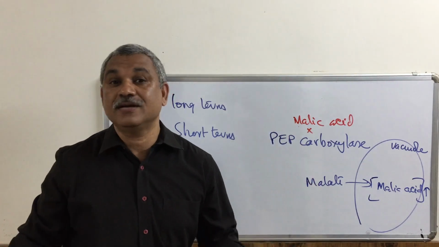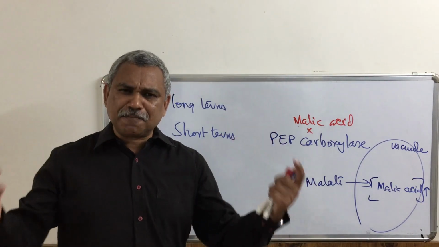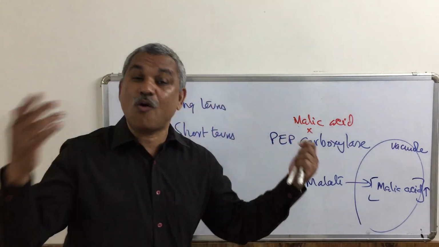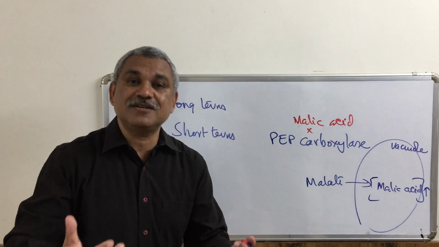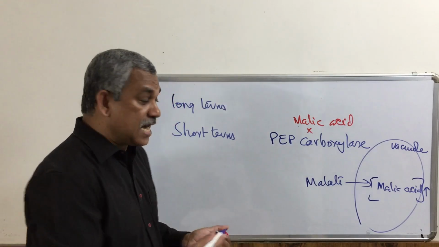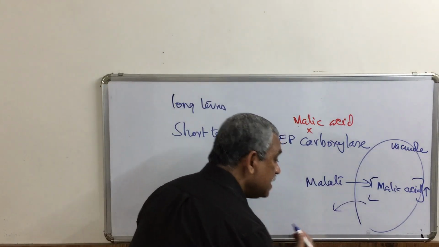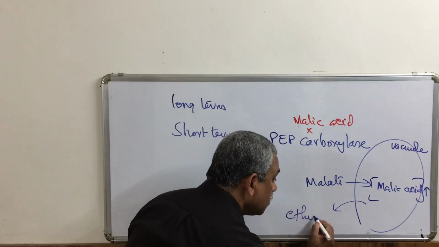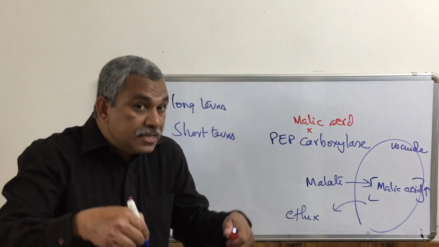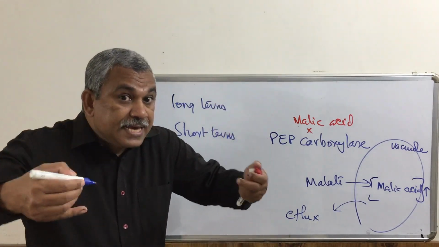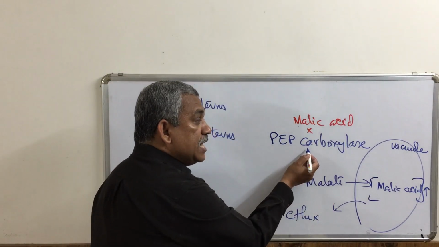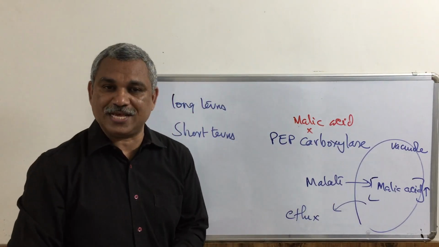That increases the turgor pressure, and it reaches a state where the vacuole is not able to concentrate any longer malic acid. That is the time there is an efflux of malic acid into the cytoplasm.